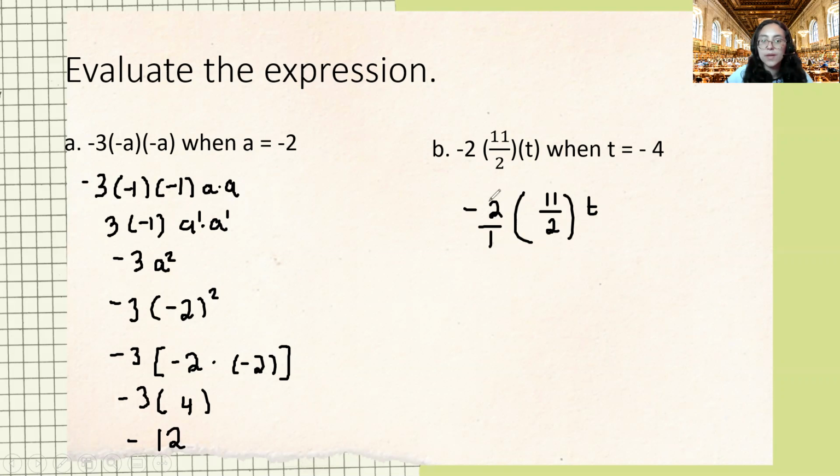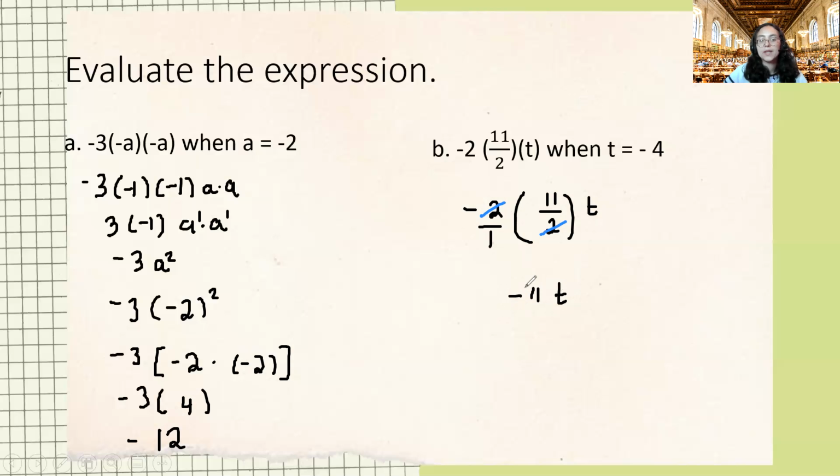I can do the multiplication, or I can notice that in my numerator I have a 2, and in the denominator I also have a 2, so these 2's cancel. They cancel, and I can bring everything that's left, so I have negative 11t.